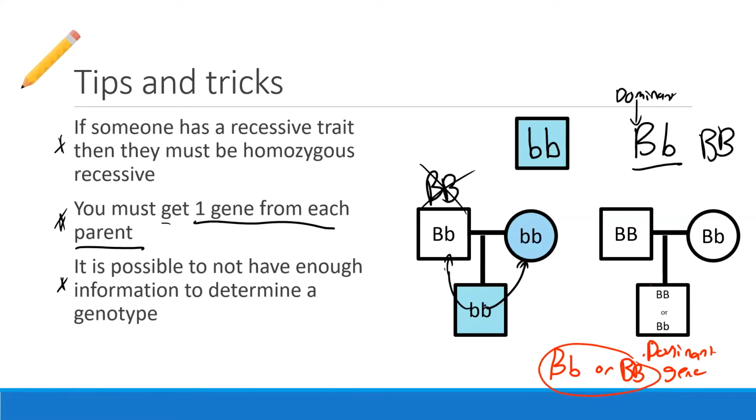It's very likely that it's BB, one B from the dad, one B from the mum, but this is also possible: you get one B from the dad and a lowercase b from the mum, and it still would look the same. So it's not always possible to predict or know what someone's genotype is. If you don't know which genotype it is, usually write both.